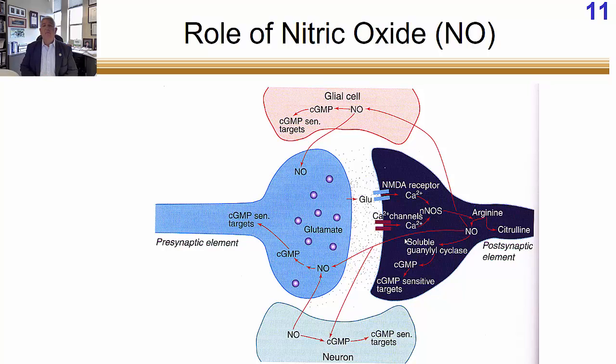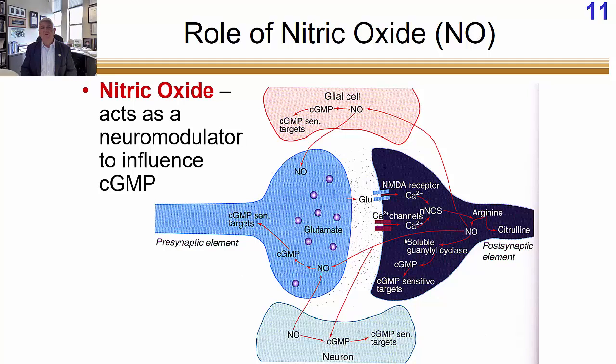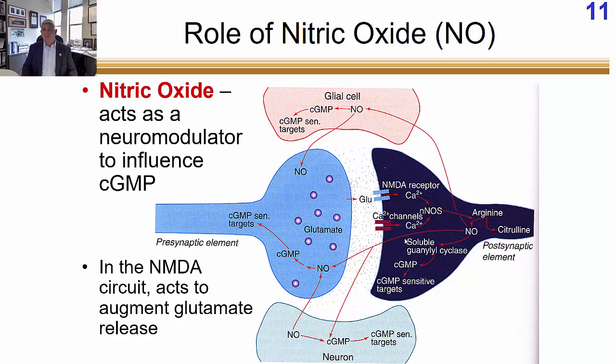All right. I want to talk briefly about nitric oxide because it's important in learning and memory. Nitric oxide is a gas, not to be confused with nitrous oxide, which is an anesthetic gas, but this nitric oxide acts as a signaling molecule. It influences one of those second messengers, cyclic GMP, and that then decreases the production of glutamate.